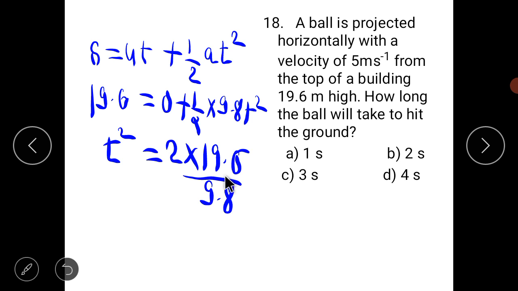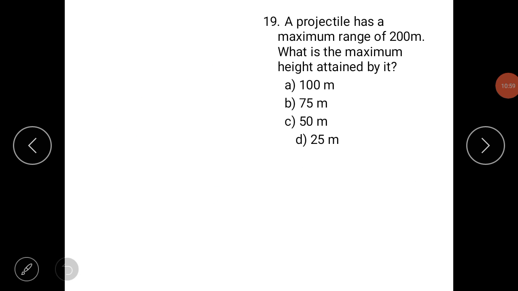So 2 into 2 is 4. So t square is 4. Then t is 2. So option B is the correct one. Then go for the next question.